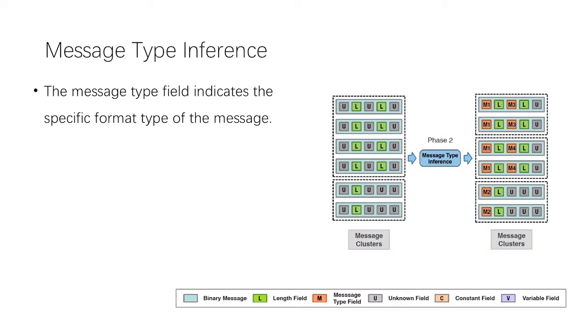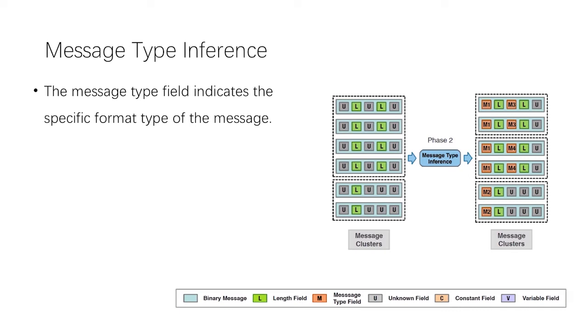Similar to the length field, the message type field is also a semantic field that plays a key role in protocol format inference. The message type field usually indicates the specific format type of the message when it exists, so that the communication parties can reach a consensus on the structure of the relevant payload.